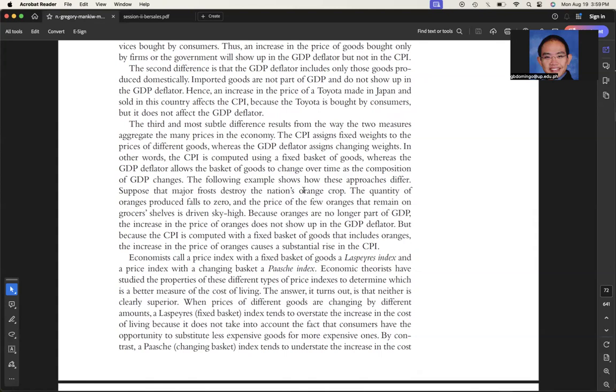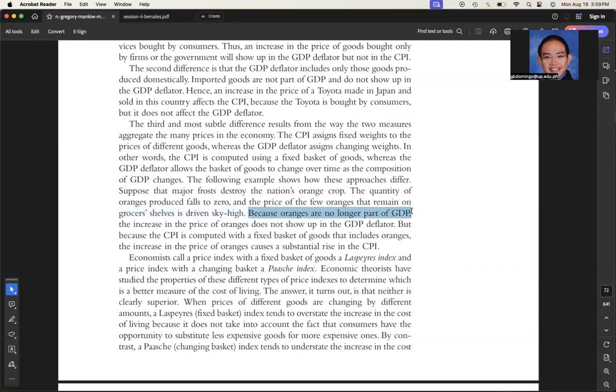So let's say there is a change in the orange crop, a frost, so a lot of the orange crop goes away. There's a supply shock, and prices for oranges go up. In a fixed basket, assuming oranges are in the basket, because the quantity of oranges doesn't change, this will tend to overstate CPI.